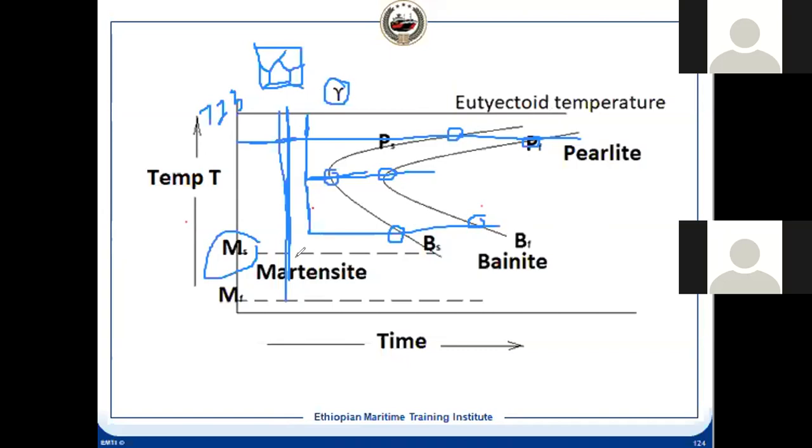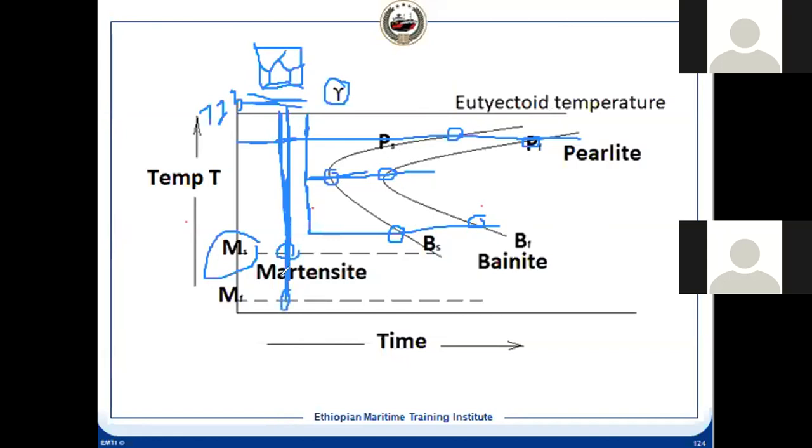Suppose we want martensite, so we will not go to this side. We raise the temperature, say 30 to 40 degrees centigrade above the eutectoid temperature, and then we quench it in water. Once we quench it, martensite will form, which is a very hard structure.